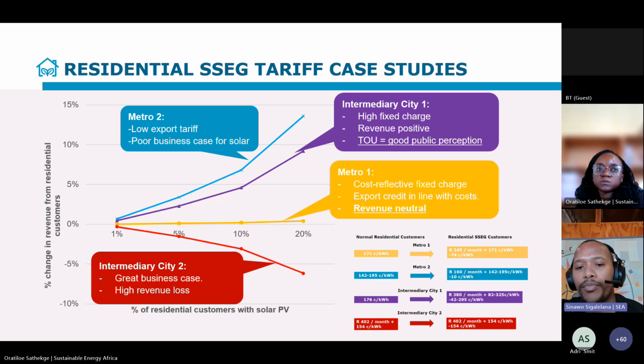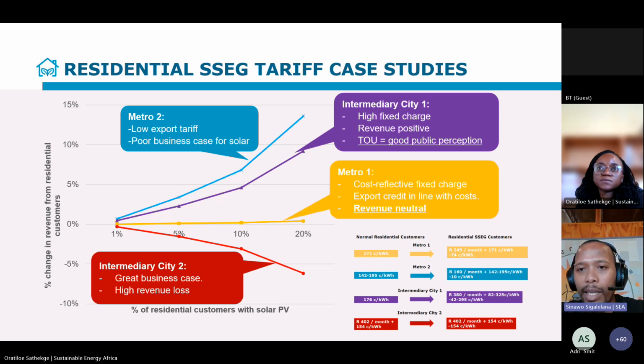So for me to register, firstly, I must know what the processes to register are. The process must be as seamless as possible. That's why we've introduced the online platform, the online SSEG application platform, where municipalities use an online platform to process SSEG systems. So that was trying to make a clear and optimized process.